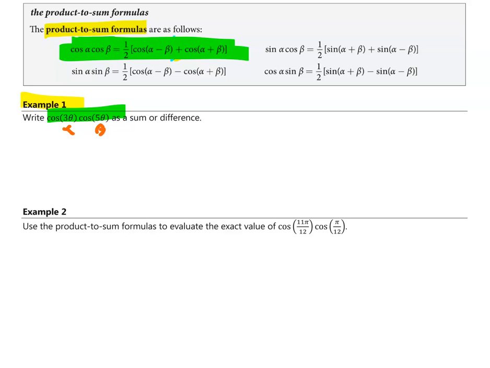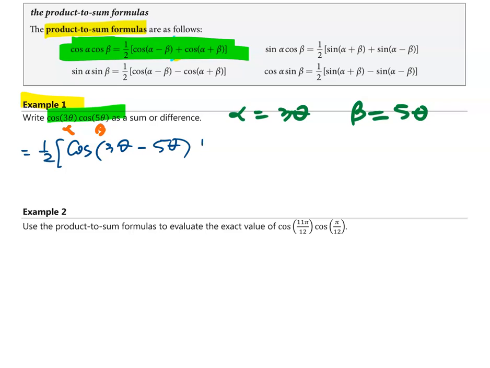Think that your alpha is 3 theta and your beta is 5 theta. And that is equal to 1/2 of cosine of alpha minus beta, so 3 theta minus 5 theta, plus cosine of alpha plus beta, so 3 theta plus 5 theta.